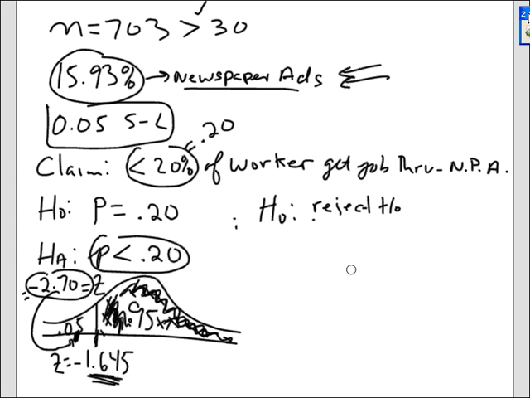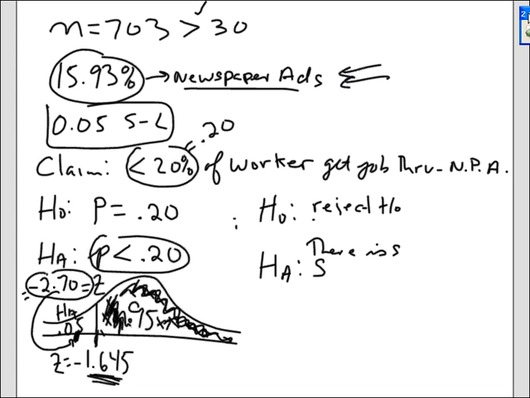Now, when it comes to HA, either there's evidence to support it or there's evidence not to support it. Well, this is the region for HA. I'm going to support.